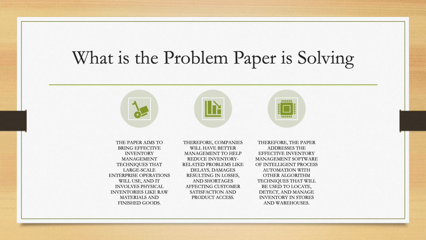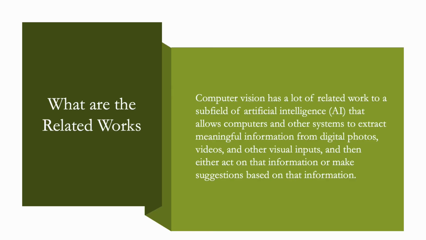This paper gives effective inventory management, where we can achieve good results and manage inventory in the stores and warehouses too, finding and locating the items easily by barcode detection and everything. It also includes artificial intelligence for the photos, videos and images to get the information and to track it. And initially we have used machine learning too.